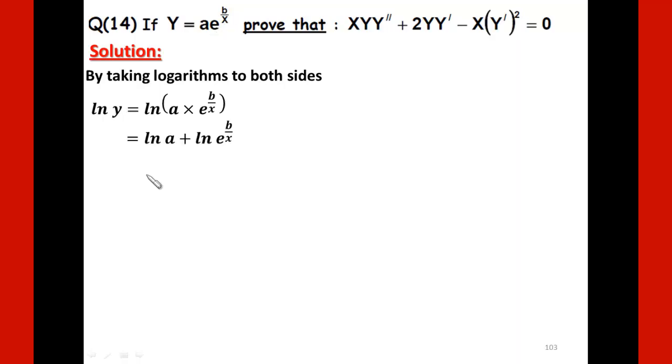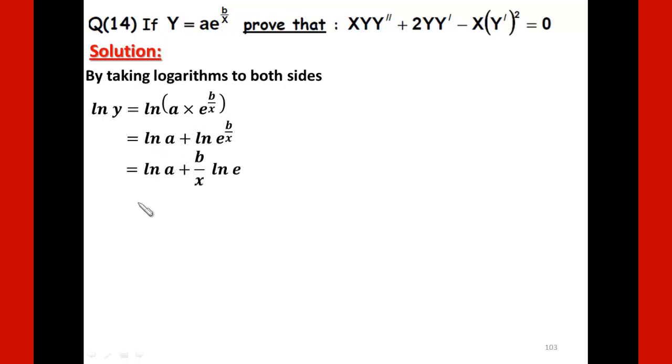We write it as ln a plus ln e power b over x. This is from the properties of logarithm: the multiplication will be addition.